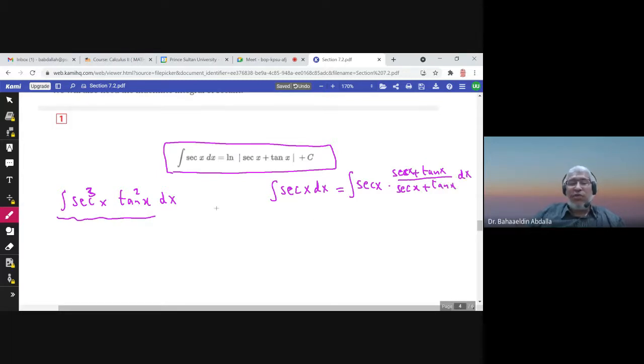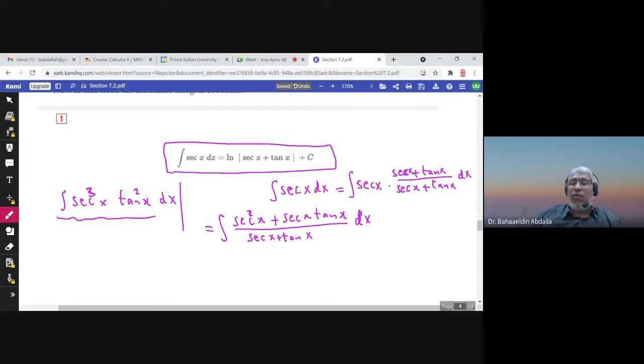What happens if I do this? In the numerator I have secant squared, secant times secant, plus secant times tan. And in the denominator, I have secant x plus tan x, dx.